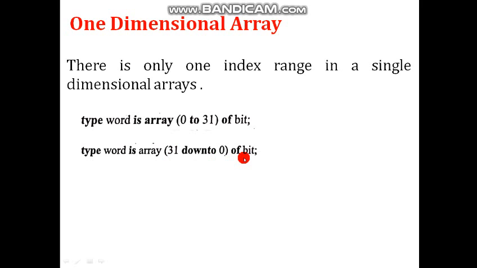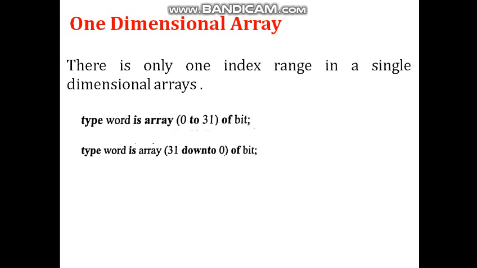Now the difference here is that the index value starts from 31, from the leftmost element in a value of this type, and continues down to 0 at the rightmost.